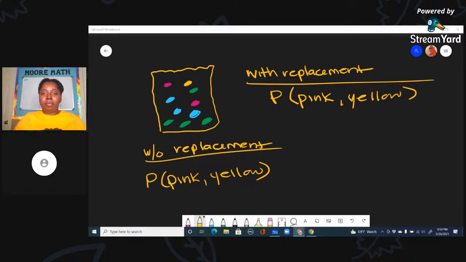2 pink out of 10. Okay. And 1 yellow out of 10. Mm-hmm. And you'll multiply them.